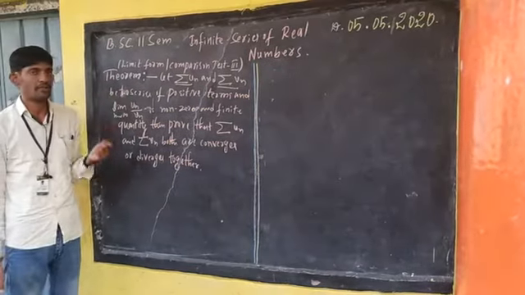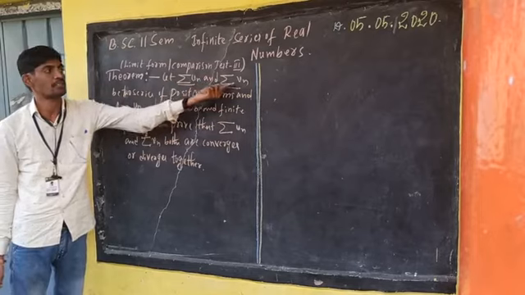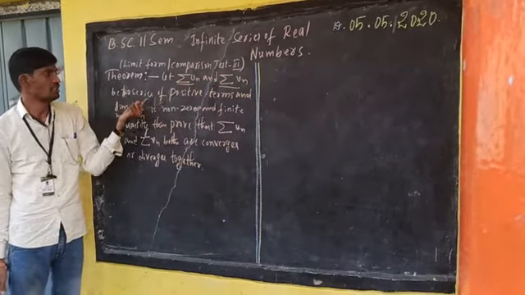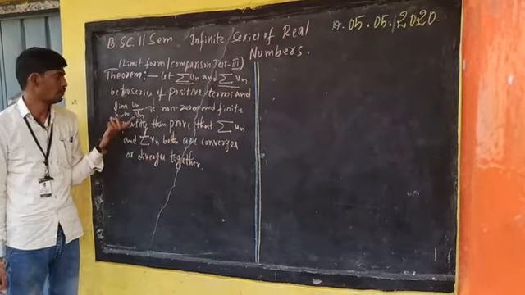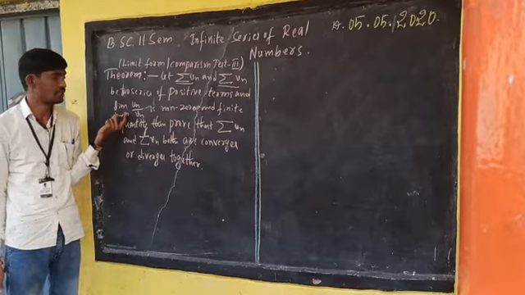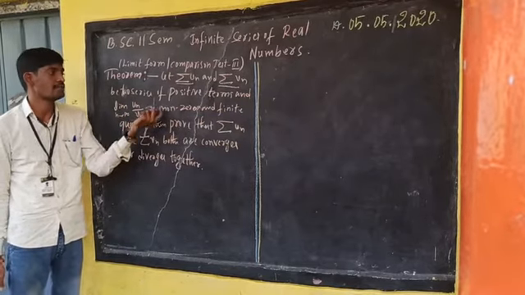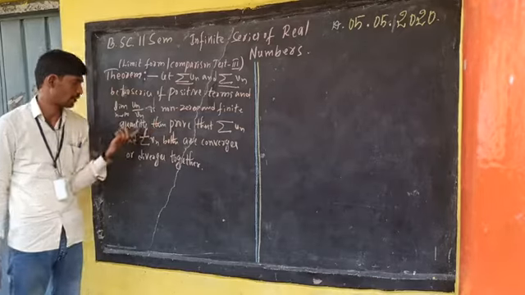What is the statement of the theorem? Let summation un and summation vn be two series of positive terms, and limit as n tends to infinity of un by vn is non-zero and finite.